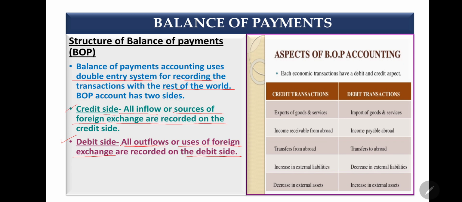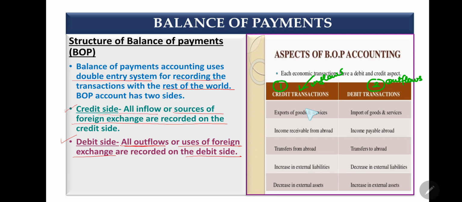So what do we have to understand over here? We have to understand very clearly that BOP is a double entry system. The transactions are recorded on two sides. One is the credit side and the second is the debit side. Credit side meaning inflows, something which you are earning, and debit side meaning outflows, that means something which is getting out of our pockets.